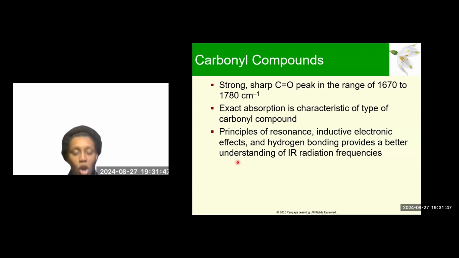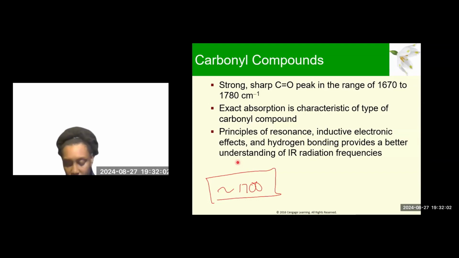All right, so carbonyl compounds are going to always have a sharp peak at around 1700. So if you see any sharp peak around 1700, plus or minus a few, 1670 to 1780, anywhere in that range, we know that there's going to be a carbonyl group there.